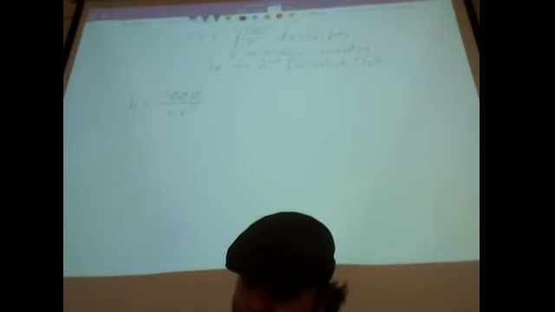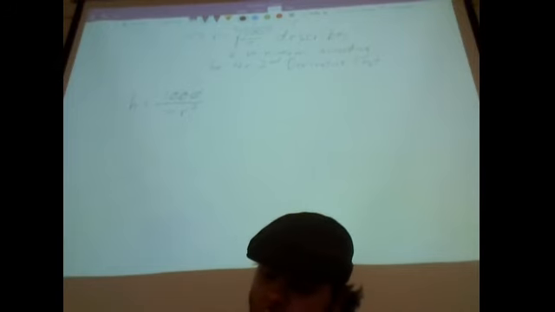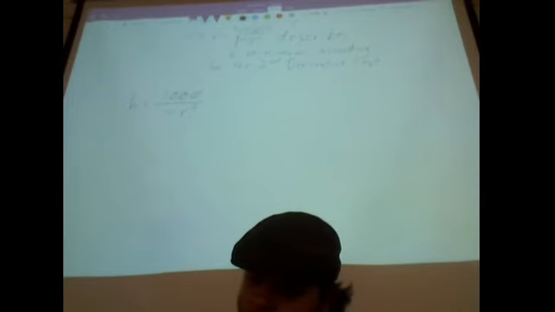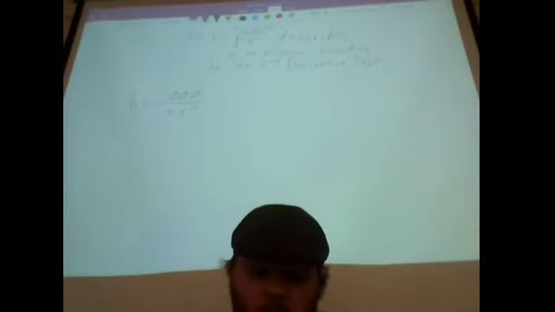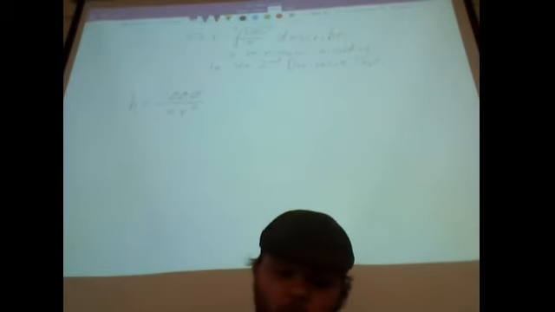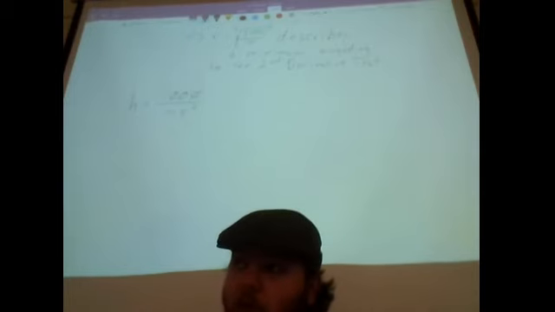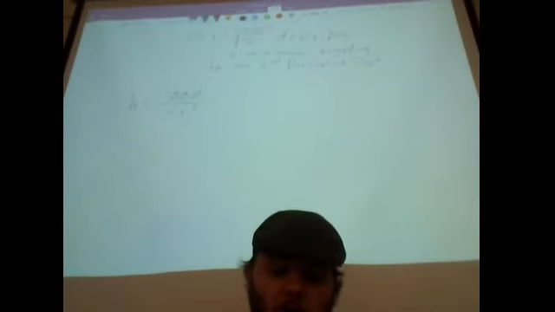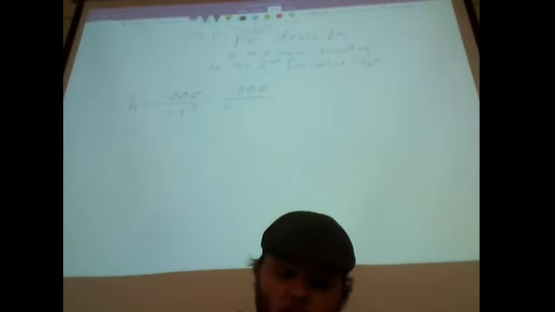I have r is equal to the cube root of 500 over pi. In order to keep going, what do I need? What do I need to finish? Plug in r for h. So h is 1,000 over pi r squared, right?